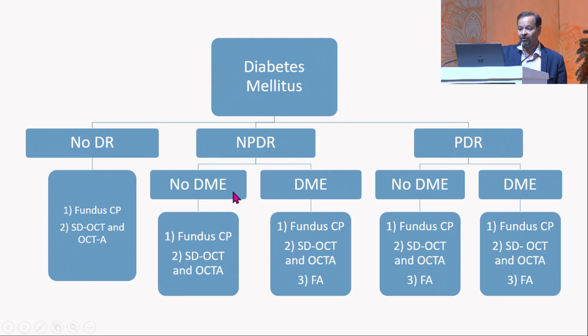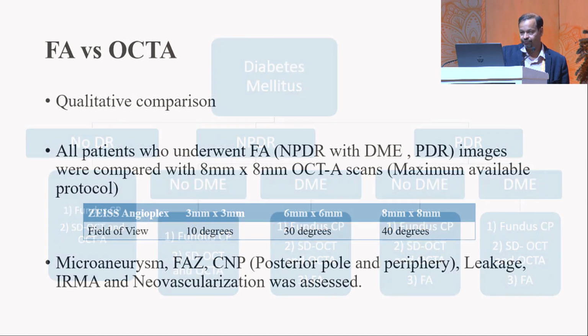The eyes with no diabetic macular edema underwent the same set of investigations, that is fundus photograph, OCT and OCTA. Eyes with DME underwent additional FFA as well. On the other hand, in the subgroup with PDR, all eyes underwent fundus photograph, OCT, OCTA and FFA.